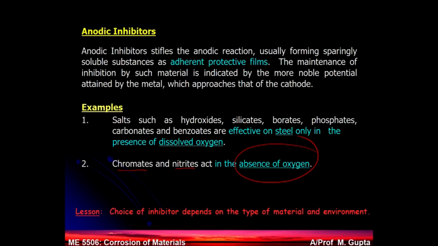So once you know that, and you want to buy an inhibitor from the market, you have to call the manufacturer. You have to tell them, I have this material, I have this environment, can you propose some inhibitor which will work under these conditions? Then you are on the spot.